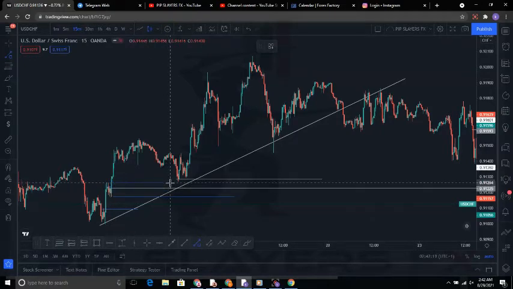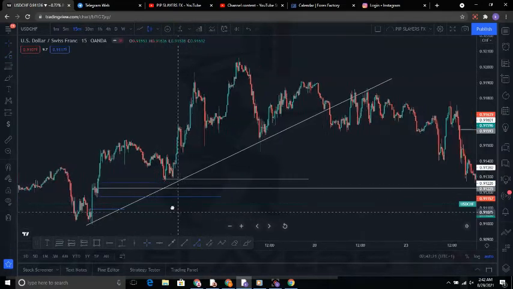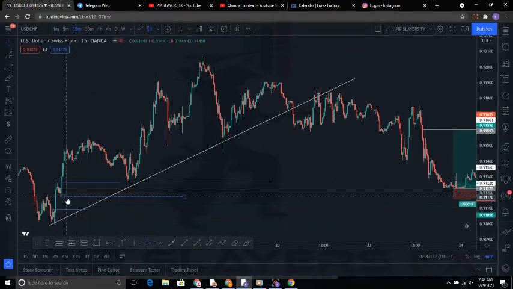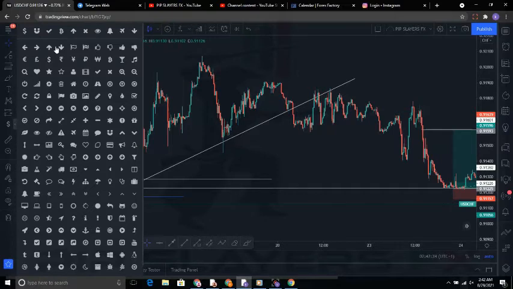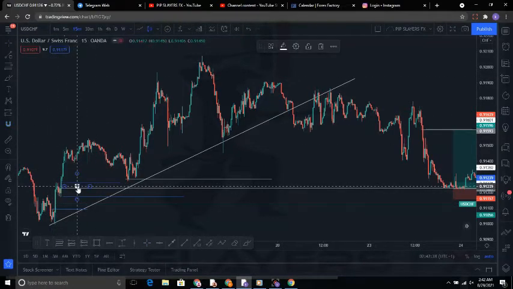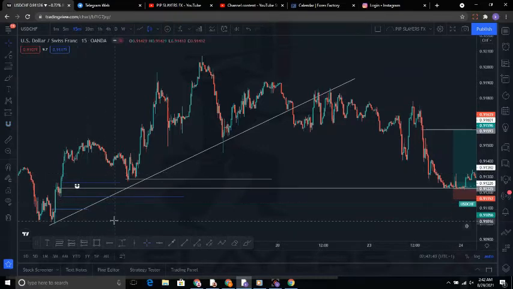The question is, which one do you use? I used this one, anticipating a fill of this one. So with this order block, there is an imbalance, and this imbalance broke this market structure right here.